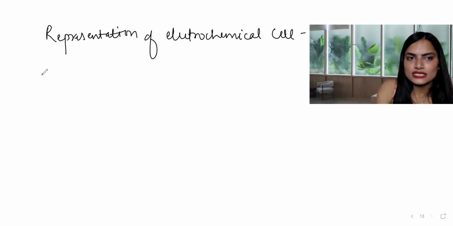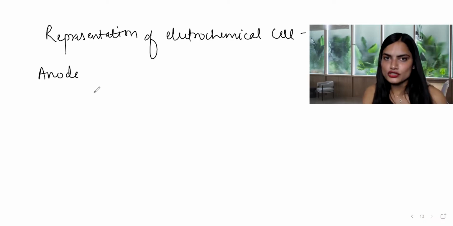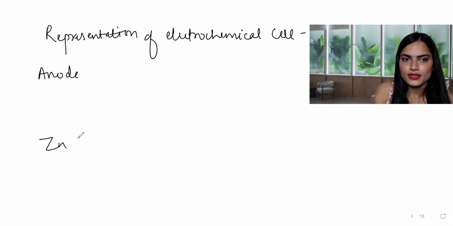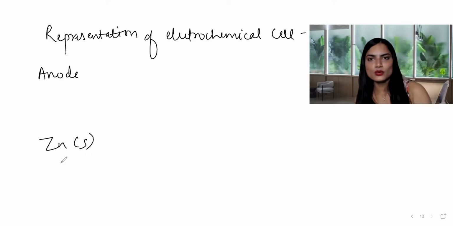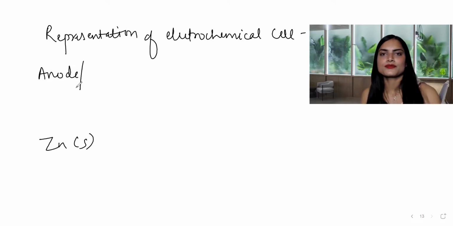So this anode is written on the left hand side, right? Anode आपका किसका था? Zinc था. That was solid. And electrolyte was aqueous. So whenever there is a phase difference, we represent it by a slash, right?